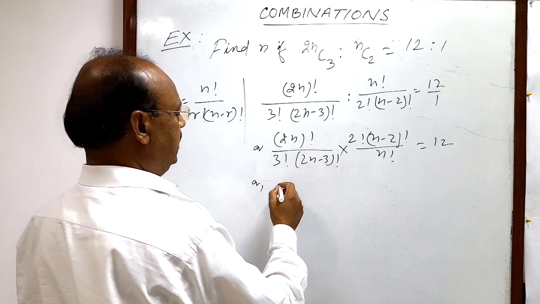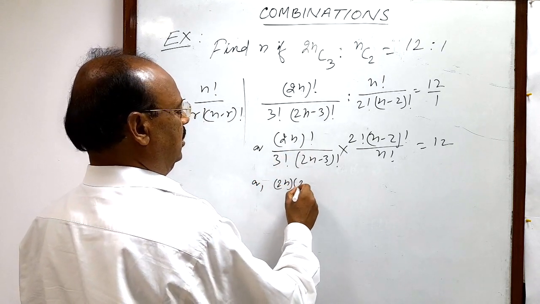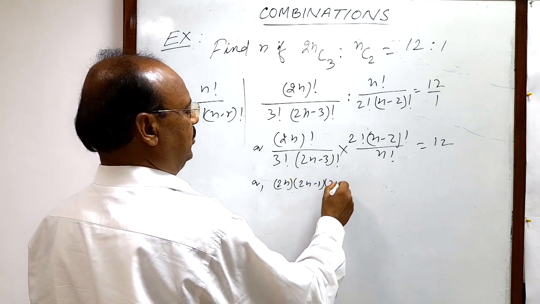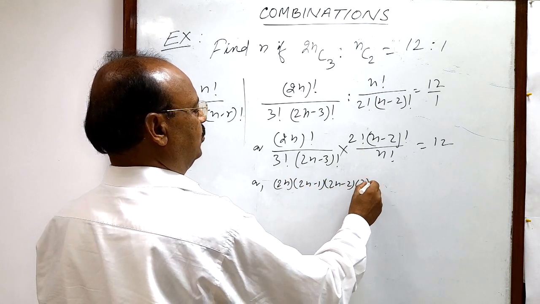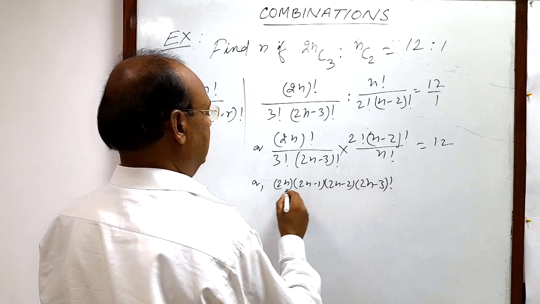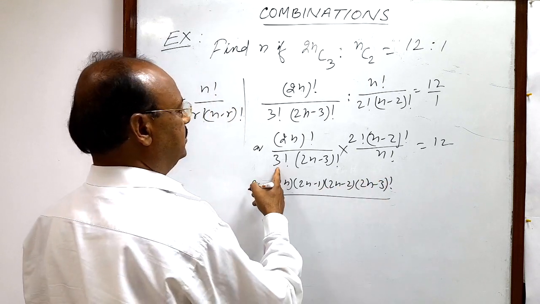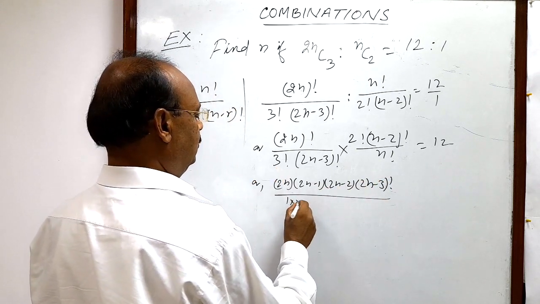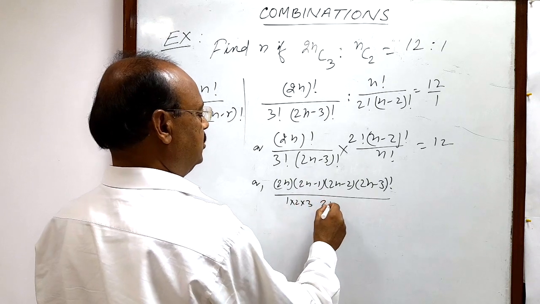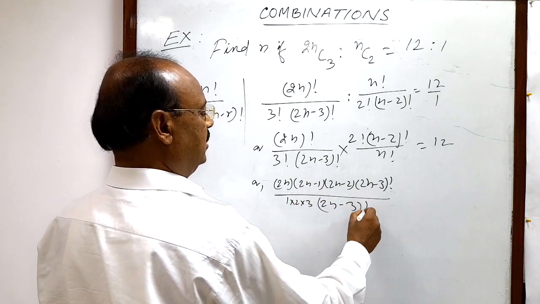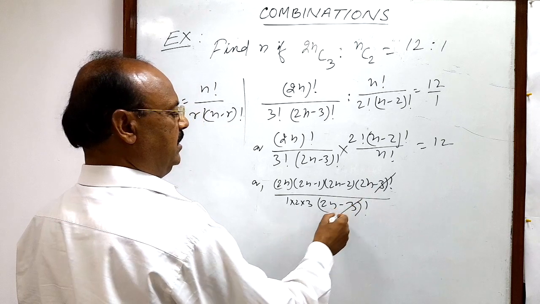This 2n factorial can be written as 2n into (2n minus 1) into (2n minus 2) into (2n minus 3) factorial, divided by this 3 factorial, which is 1 into 2 into 3, and this (2n minus 3) factorial. Here (2n minus 3) factorial will be cancelled out.